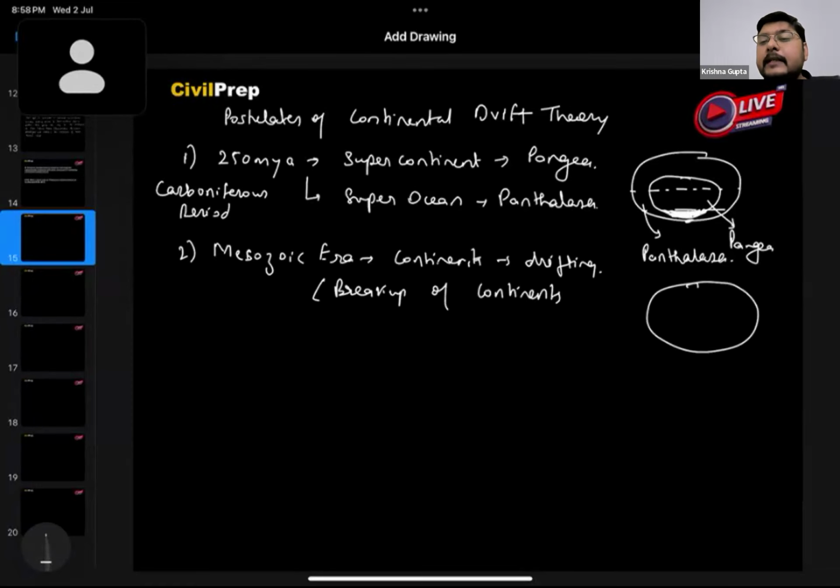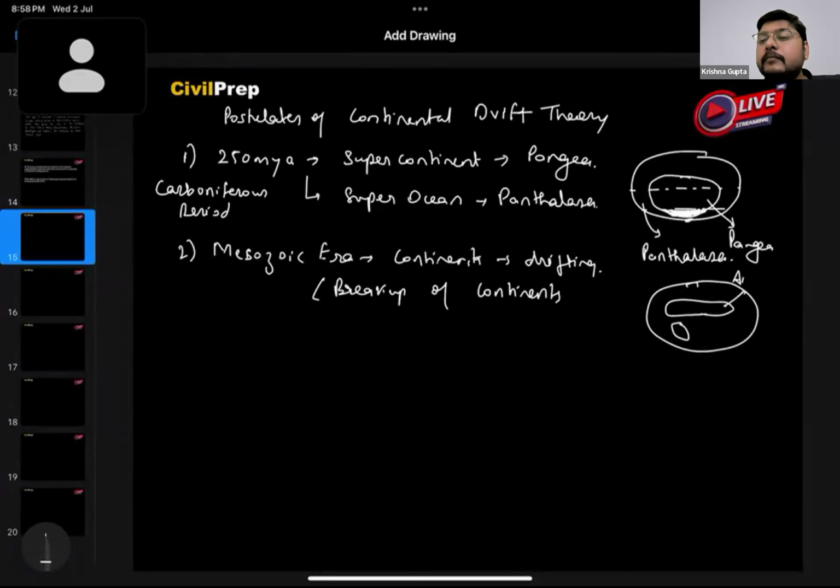So here we can see in this part, this is Angara land, and this complete part is Gondwana land.